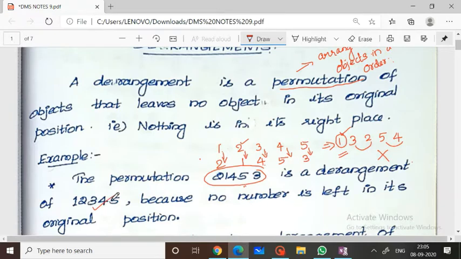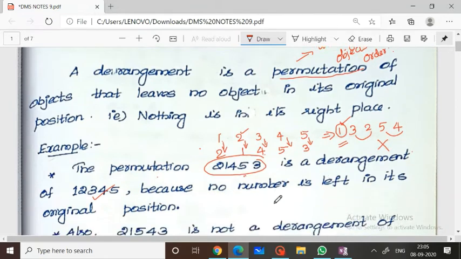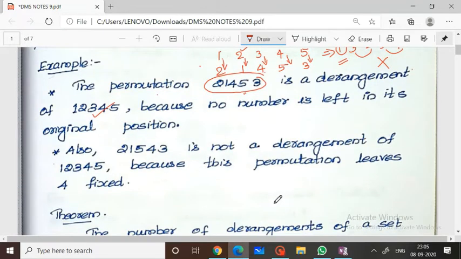This arrangement is a derangement because no number is left in its original position. We can write many options, but only some of them are listed here.